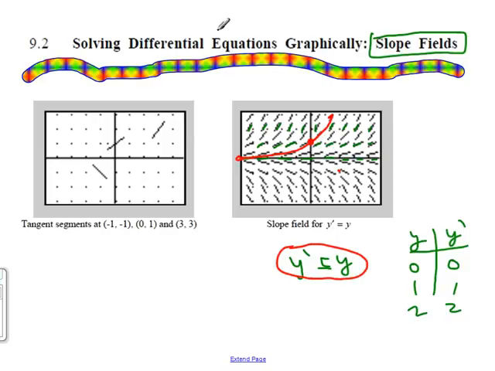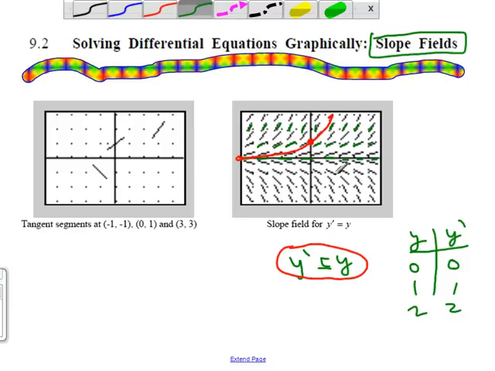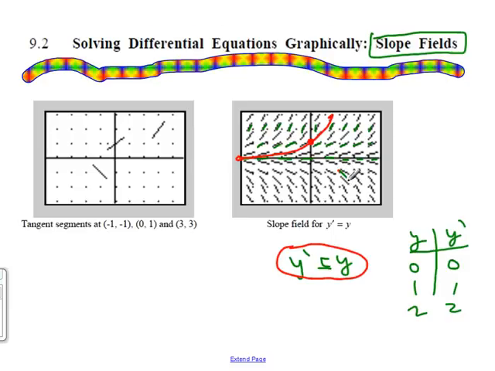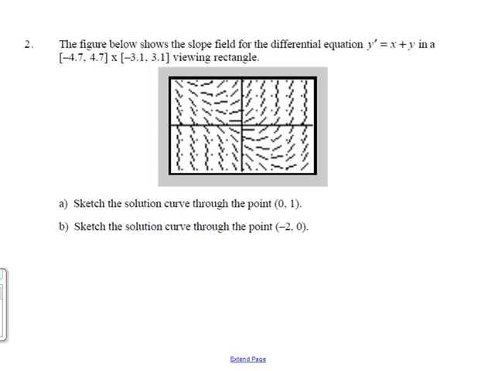So let's think about that. We're at this point, and I'm just following the slope field down and following the slope field across. So here's an example of a slope field. You're going to be drawing some in a second, but for now, it's given to you.